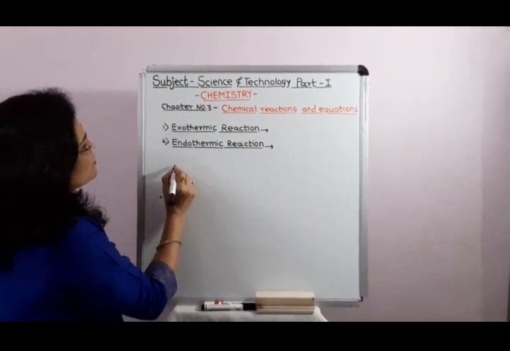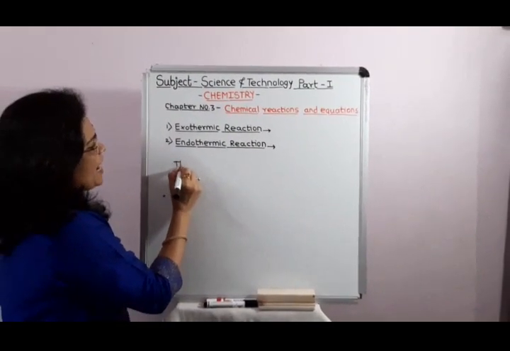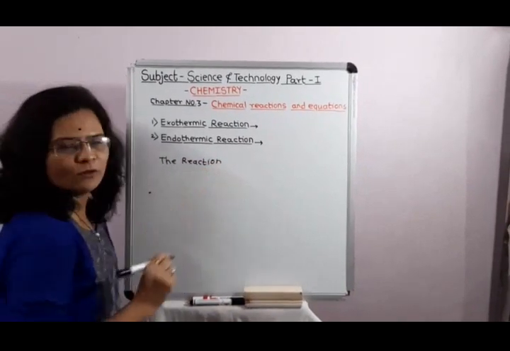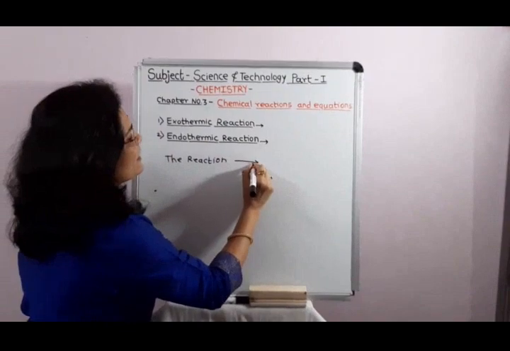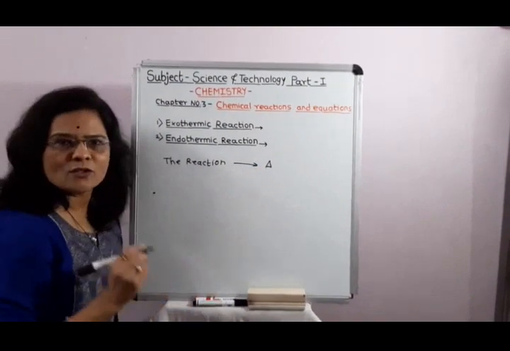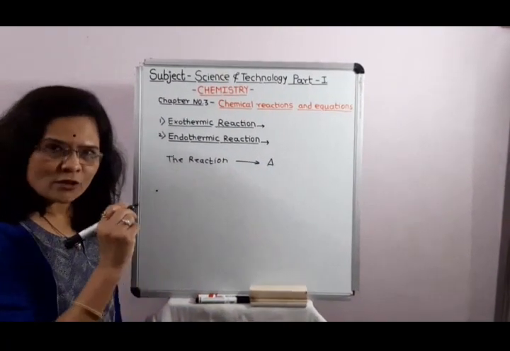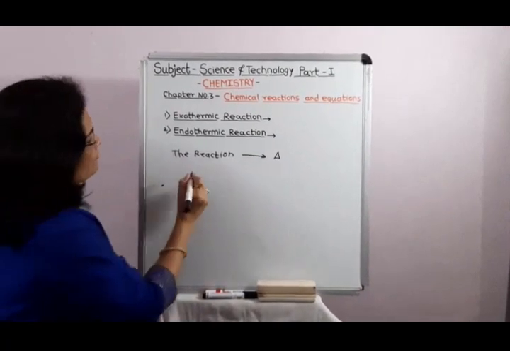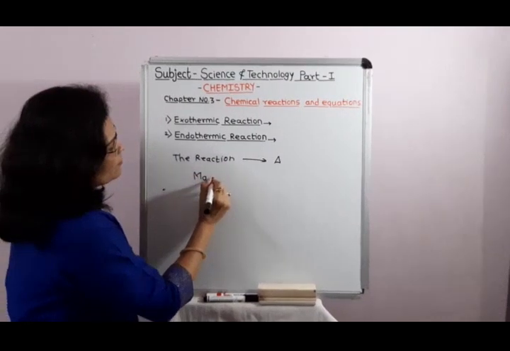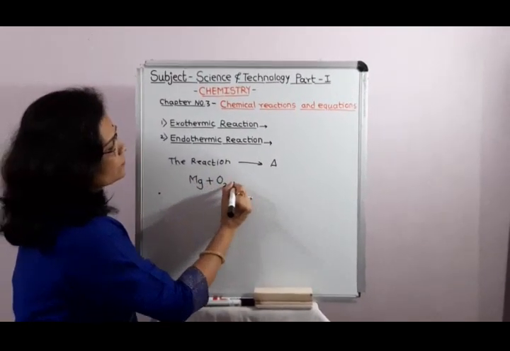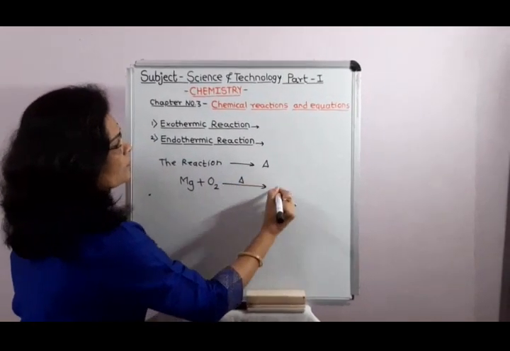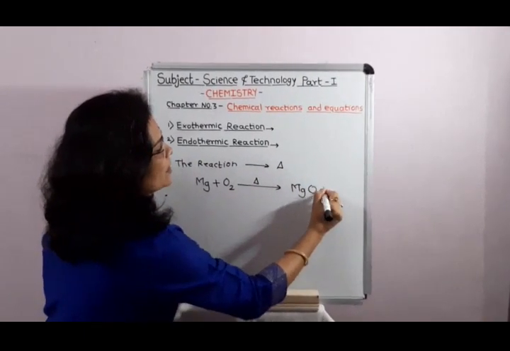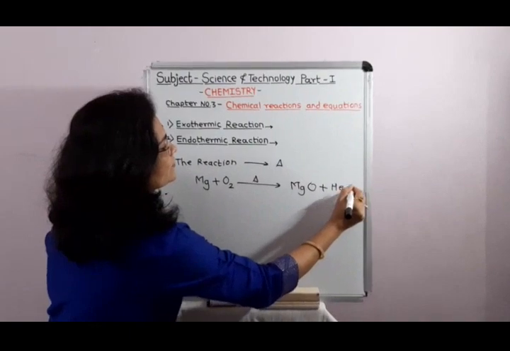What is meant by exothermic reaction? The reaction in which heat is given out or heat is liberated is called an exothermic reaction. For example, when magnesium ribbon burns in air, it gives white colored magnesium oxide powder plus heat.